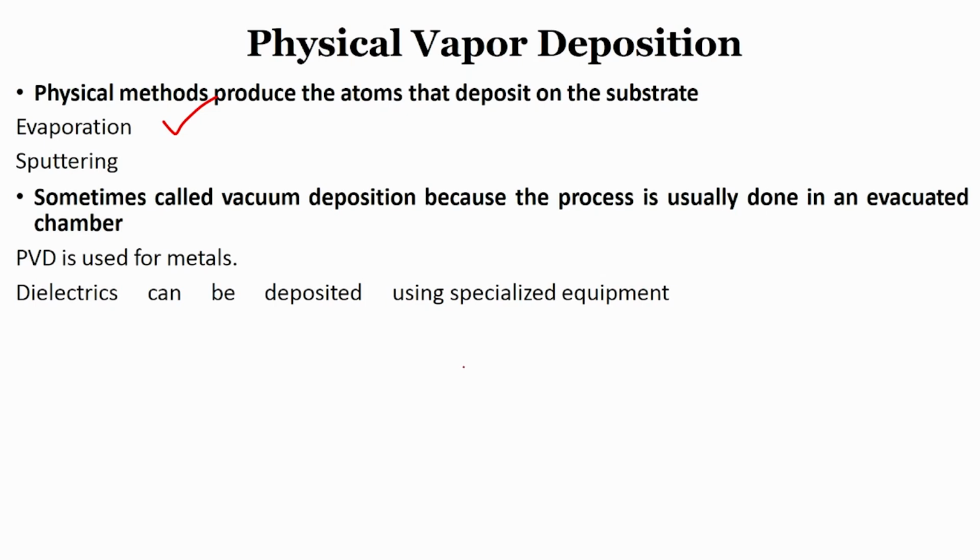If I keep on heating a metal, let us take the example of aluminum, at a temperature greater than the melting point of aluminum, what will happen?